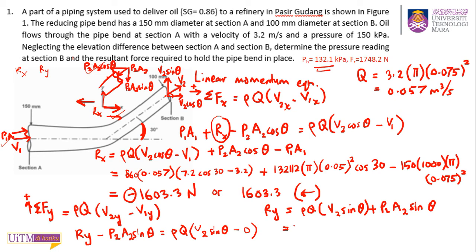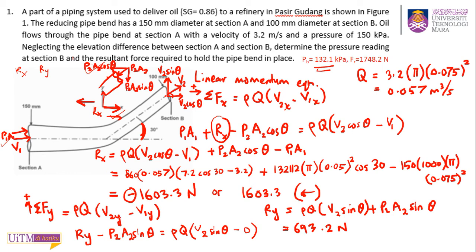Dapat jawapan Ry? Dapat 693.2. So it is positive, so that means your assumption ke atas ni betul lah. So your Ry akan bertindak ke atas.